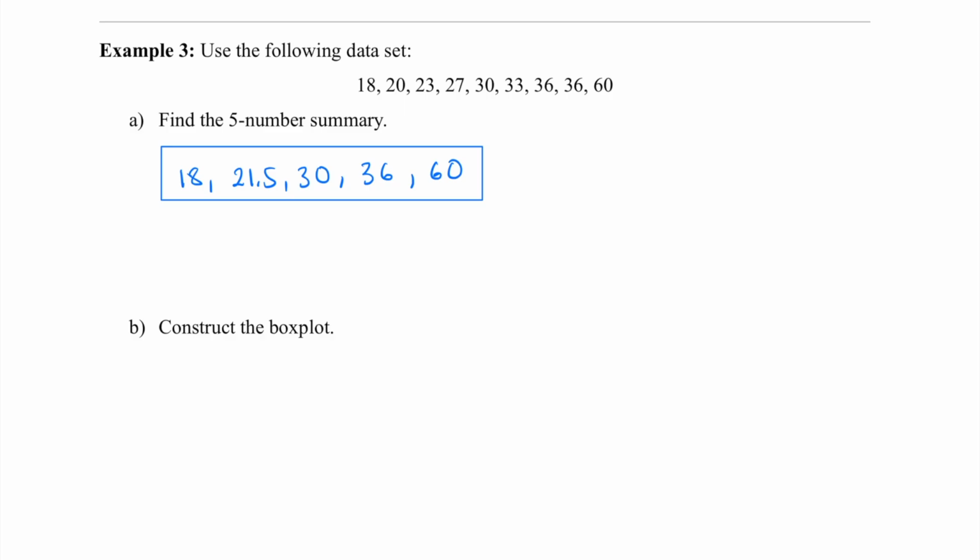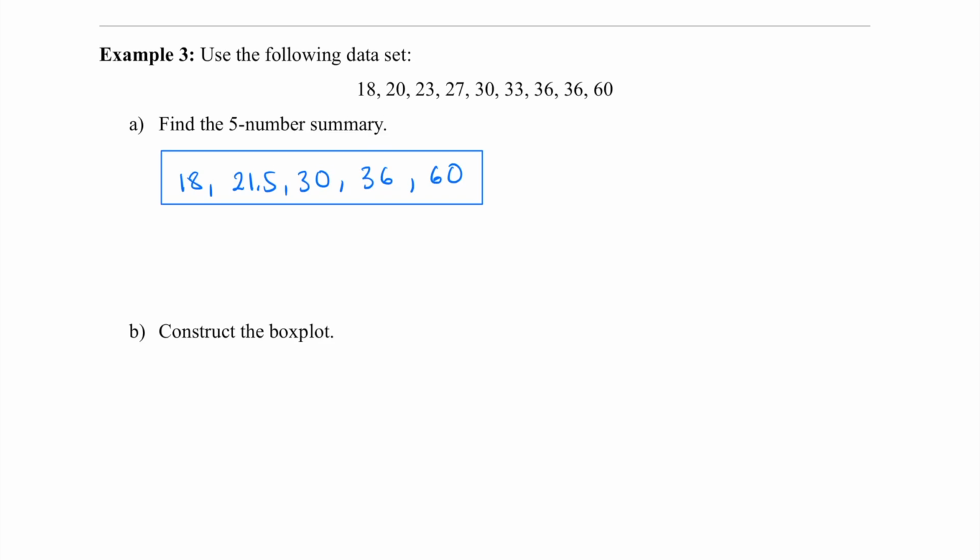Part B. We want to construct the box plot. A box plot is built from the 5-number summary. Now we already have the 5-number summary, so we can start building the box plot. The first thing we need to do is create a number line.